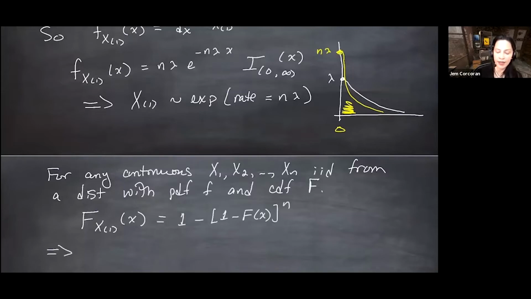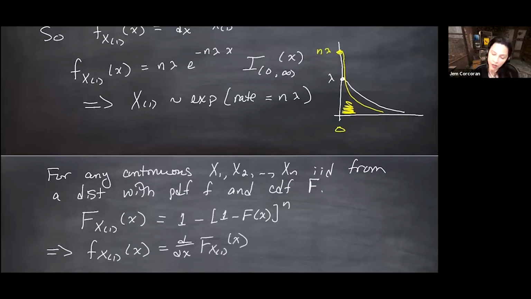And so the PDF, you take the derivative and you get whatever you get. You get a formula in a box if you really want one. I'm going to get n times 1 minus the CDF to the n minus 1 times the PDF, because the PDF is the derivative of the CDF.